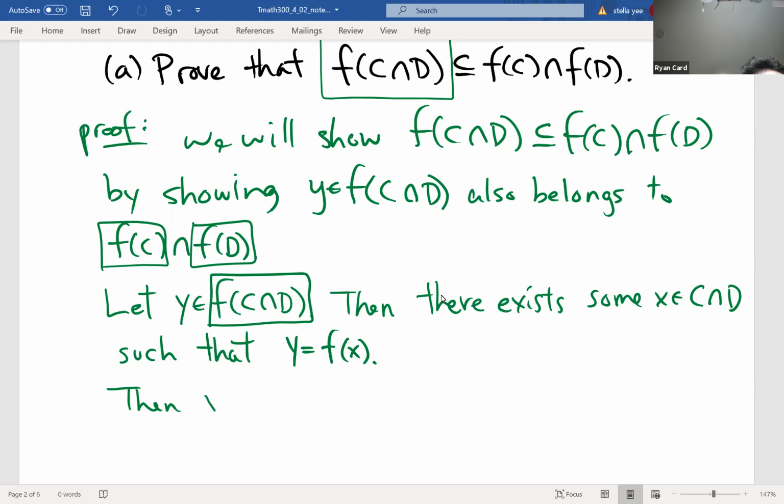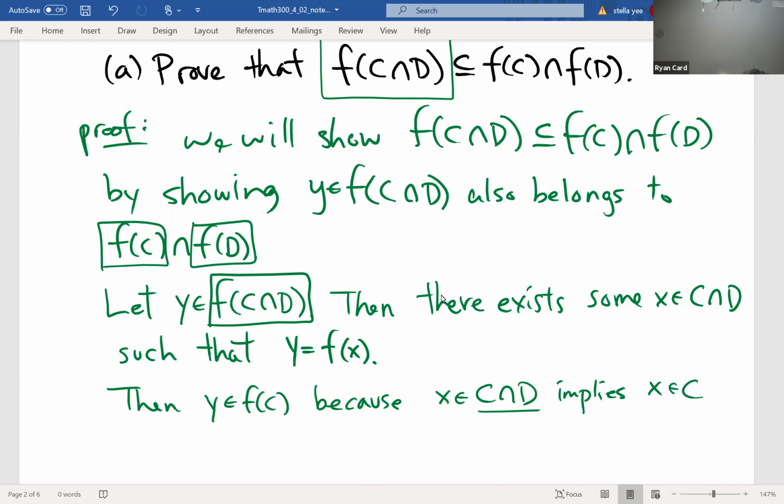So y belongs to f of C because x in C intersect D implies x belongs to C as well as D. Saying that x is in the intersection of C and D is saying that x belongs to both. So in particular, x belongs to C. But if x belongs to C, then y is in f of C.